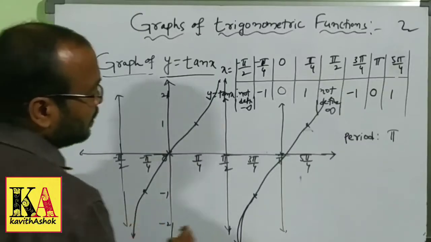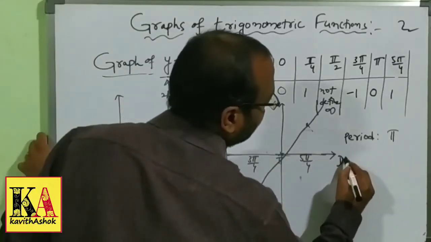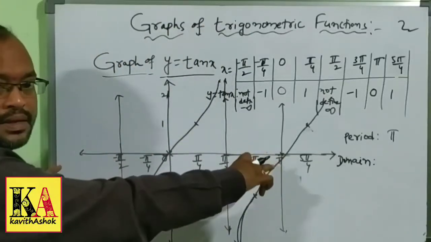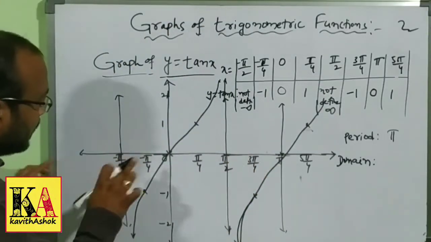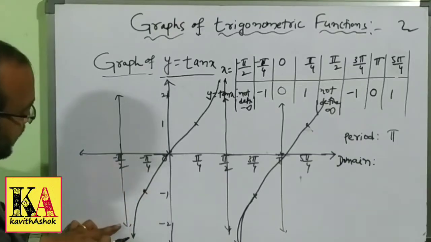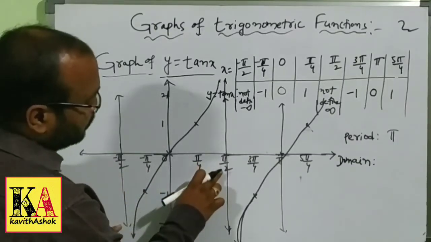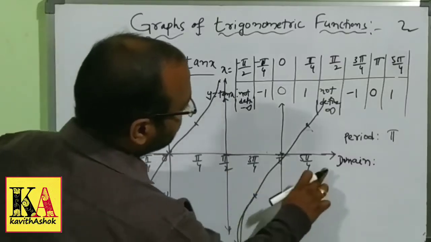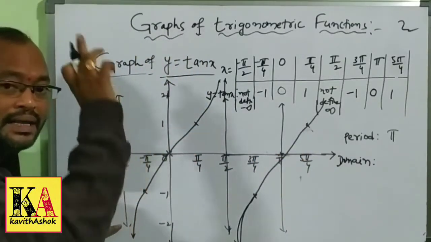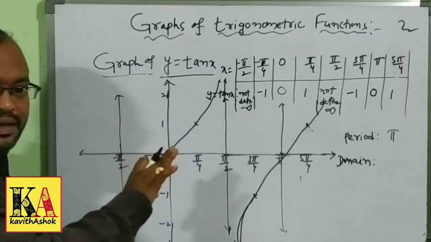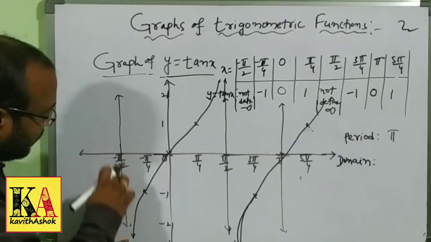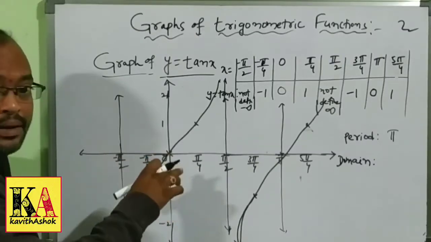Right. Next, domain. Domain in the sense we have to observe the x-axis. So here, if you take the values minus pi by 2 and pi by 2, for these values we are not getting a value, we are getting infinity. So that's why we are removing those values. We are taking all values, but we are removing minus pi by 2 like that values.